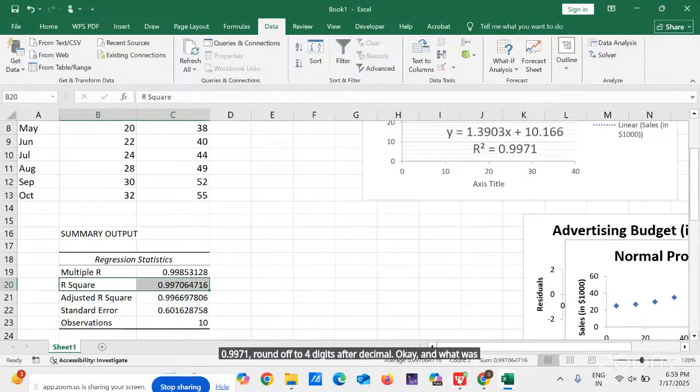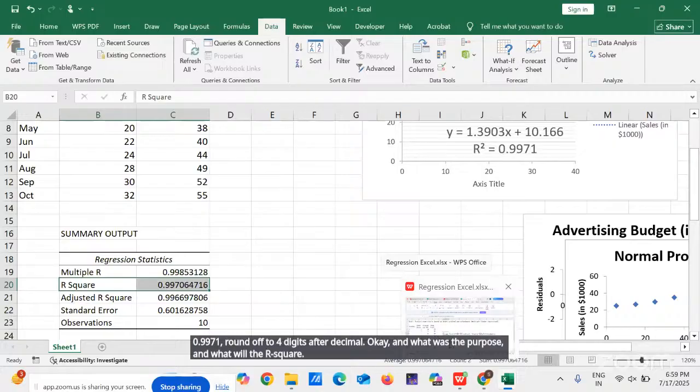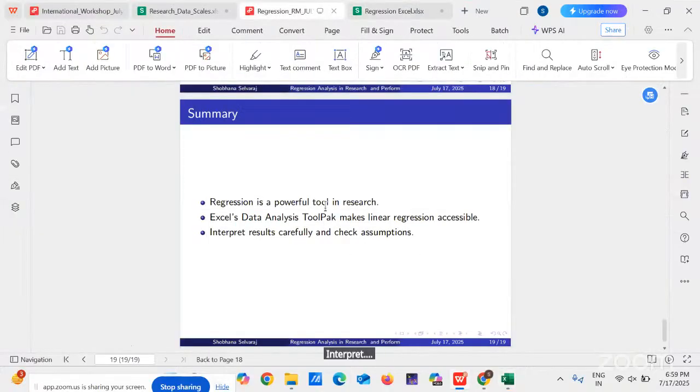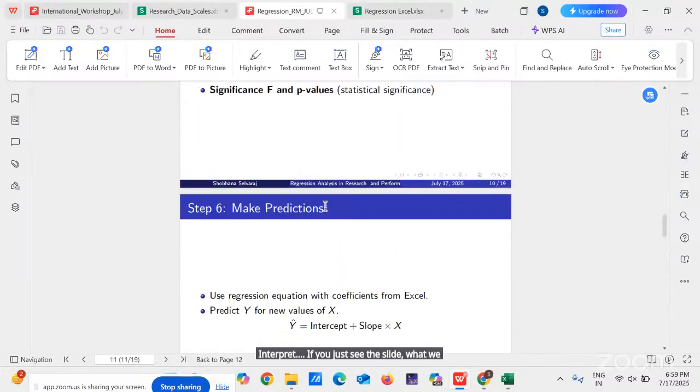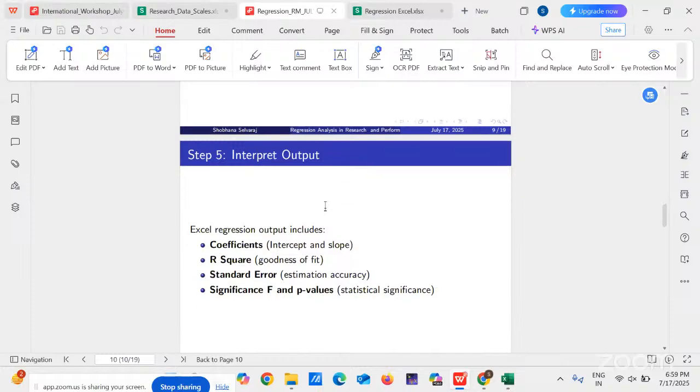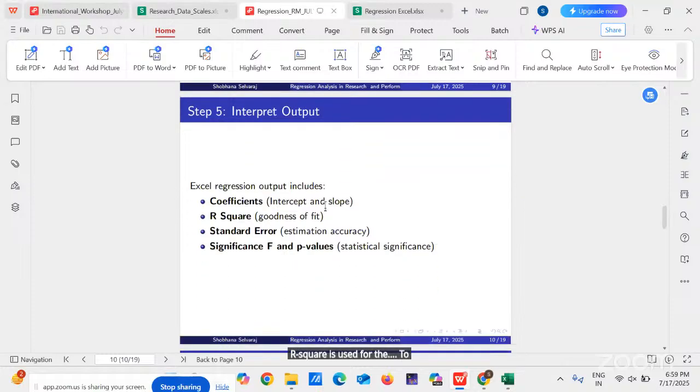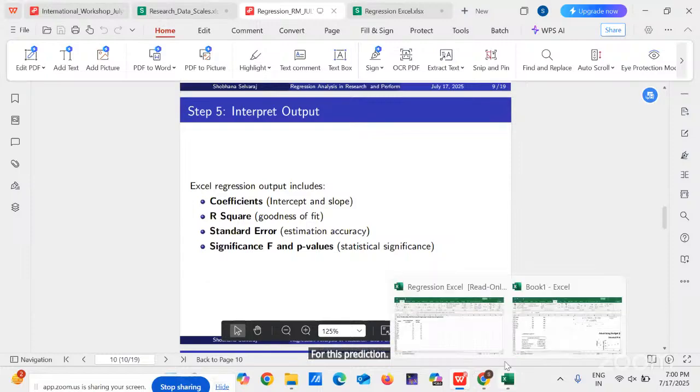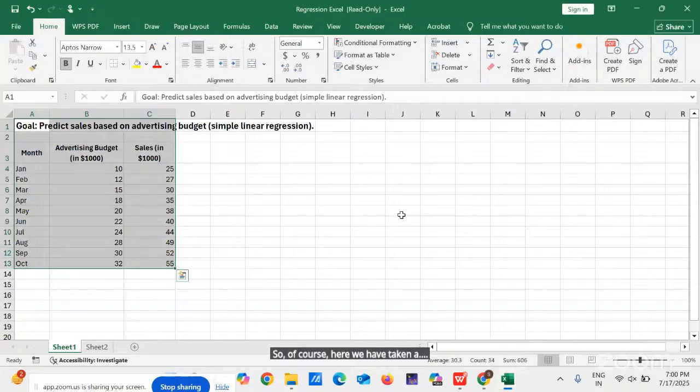And what was the purpose, and what does R square interpret? If you see the slide we have discussed, R square is used to know the goodness of fit, how well the model is fitted, and it also interprets how much variation has been explained, that is, the percentage of influence of this independent variable on this prediction. Here we have taken a data set for example.